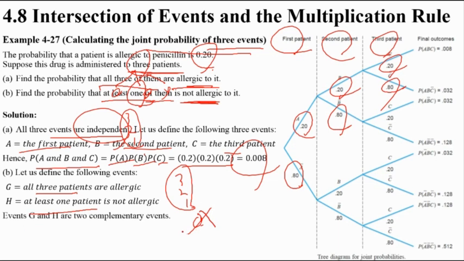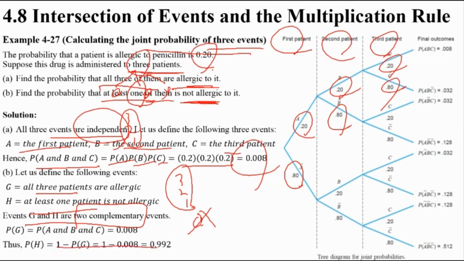So here we use the complement event: all 3 patients allergic or all not allergic. We just find it separately and subtract this number, because the relationship is complementary. Okay, we'll move on.